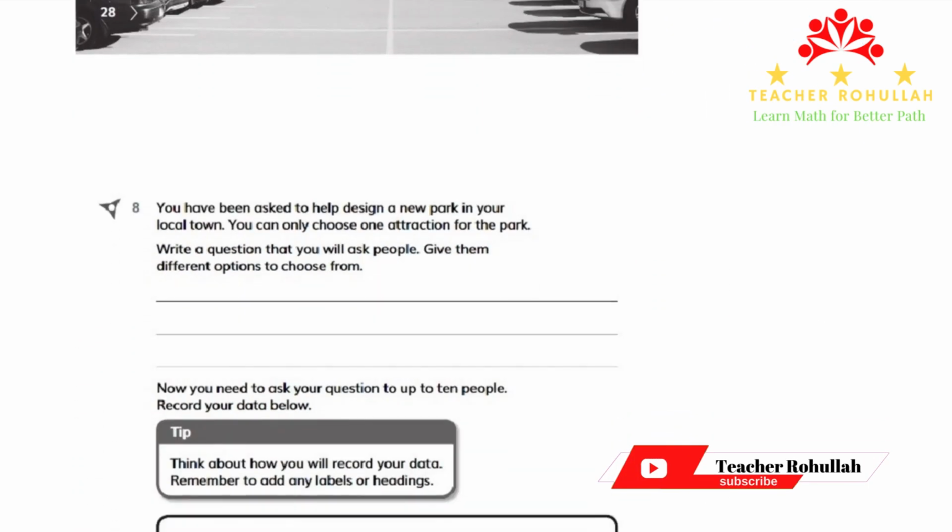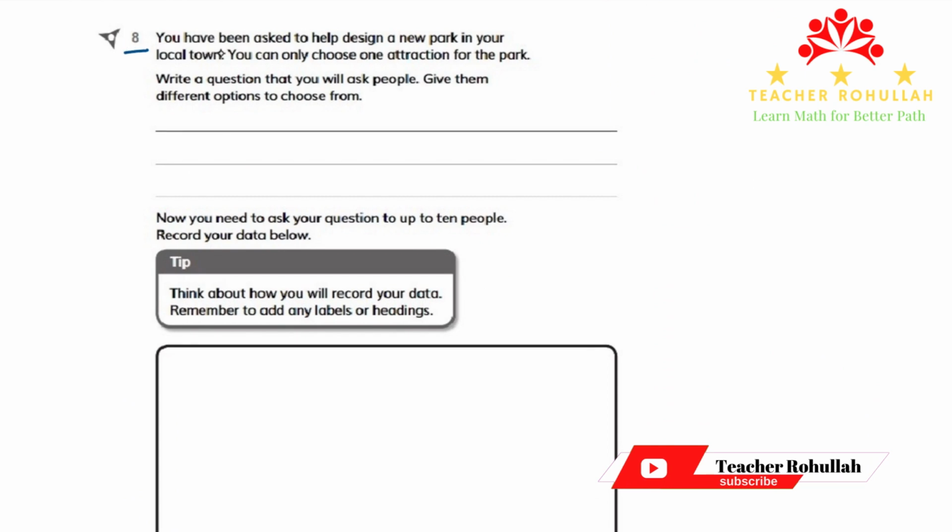Now let's scroll down. In question 8, it says, you have been asked to help design a new park in your local town. You can only choose one attraction for the park. Write a question that you will ask people. Give them different options.